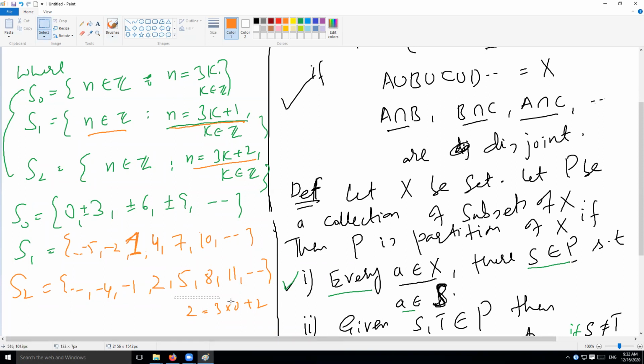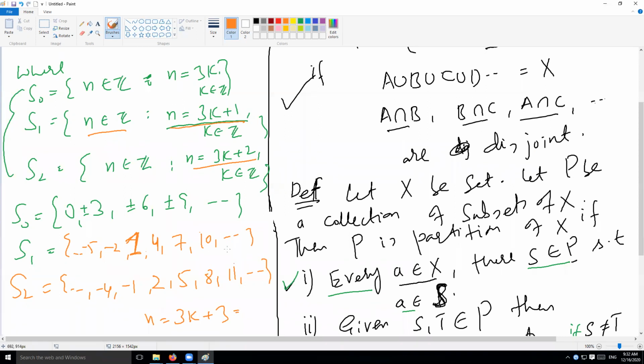By the way, someone can ask, where will be the elements of the form, say, 3k plus 3? Why is there no n that is like 3k plus 3? Then 3k plus 3 is again divisible by 3.